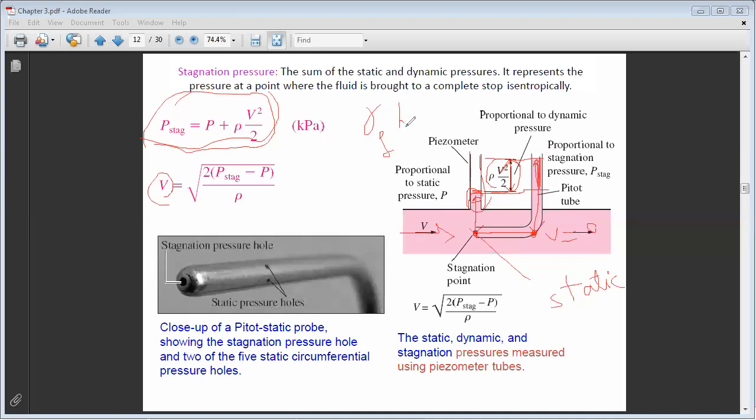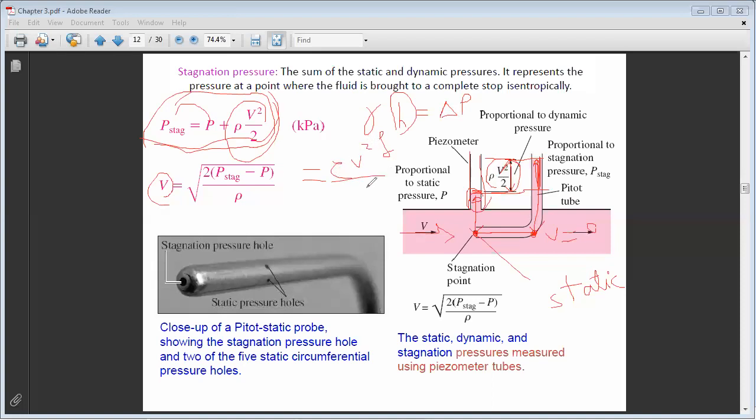So this is why I can say that this device, by reading h, will allow me to calculate the velocity, because gamma f times h represents delta p between stagnation and static pressure, and when I take p to the other side, delta p is just rho v square over 2. So the reading of h will allow me to calculate the value of my velocity. Okay, so gamma h is equal to rho v square over 2.